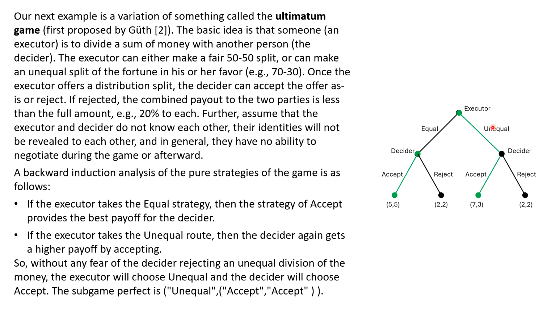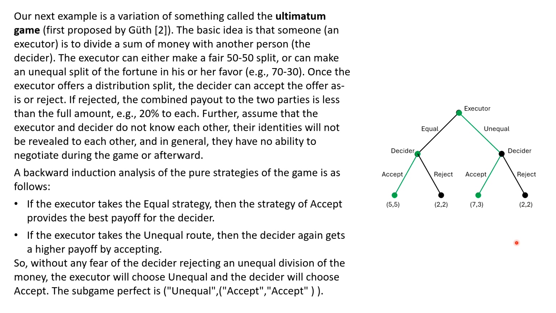Then in the unequal case, the executor offers 70-30, and if the decider accepts, then the decider would get the 30% and the executor would get 70. And if the decider rejects, they would each get a lesser amount, 20%.